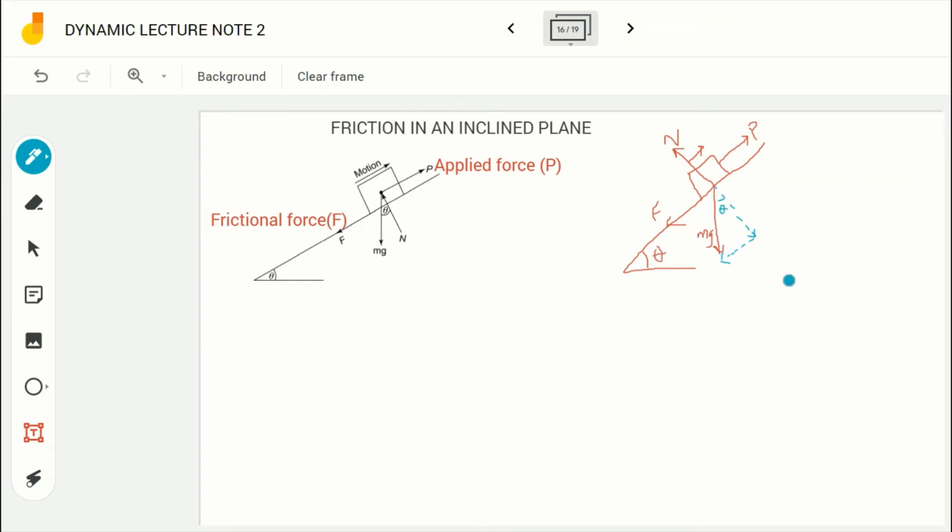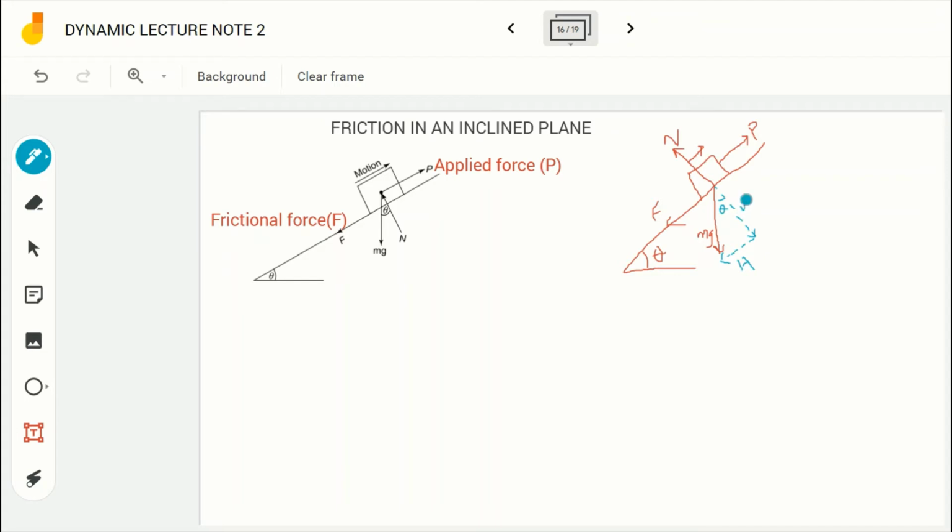They are equal. I am trying to resolve my mg into a vertical and a horizontal component. I'll call the horizontal one H and the vertical one V.